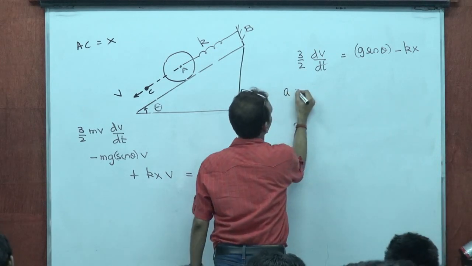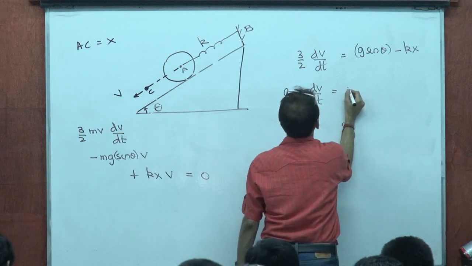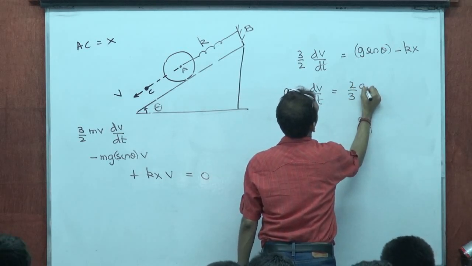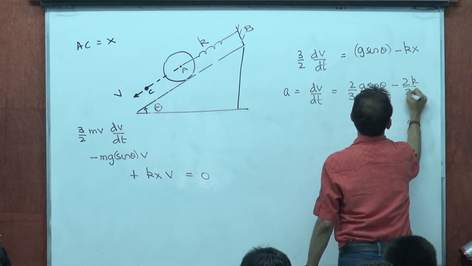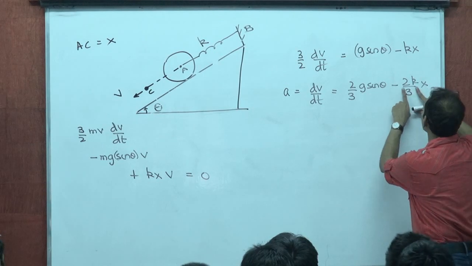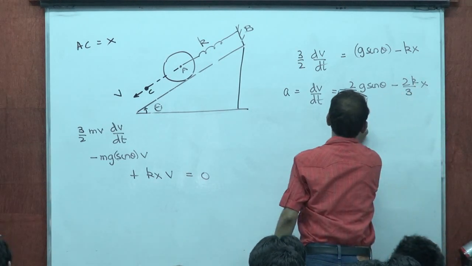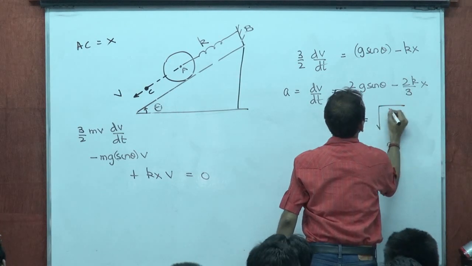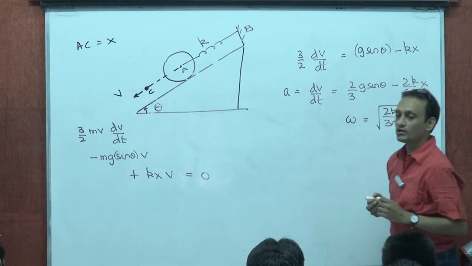Acceleration, then dV dt, is 2 by 3 g sine theta minus 2k by 3m x. And then do you realize that this must be omega square? Omega then would be root 2k by 3m. That must be the angular frequency of oscillation.